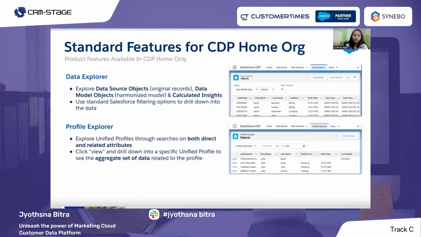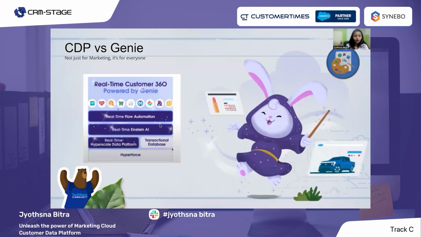So we have seen enough of CDP. Also, at Dreamforce a couple of months ago, Genie was announced and it created a lot of buzz. We have many confusions, like what CDP is in the first place, what the difference is between CDP and Genie, and what the difference is between CDP and a DMP, or CDP and Salesforce CRM.